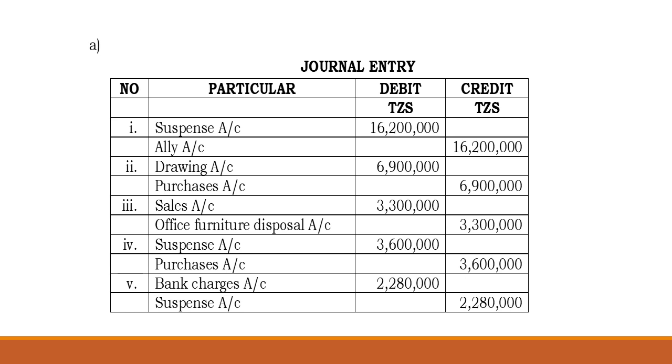Again, the personal drawing entered in a purchases account, so we have to deduct that amount from the purchases account. And remember that purchases account has a debit side, so to deduct that amount we need to credit purchases account.